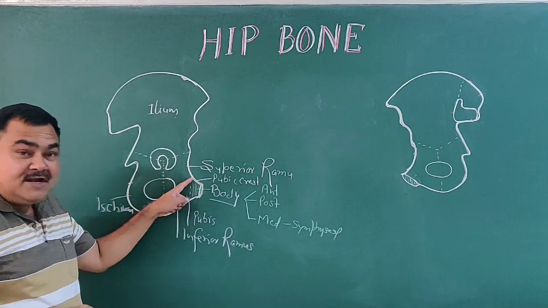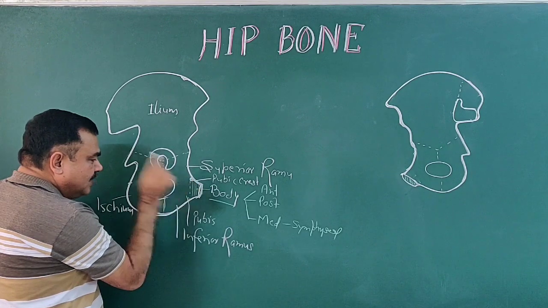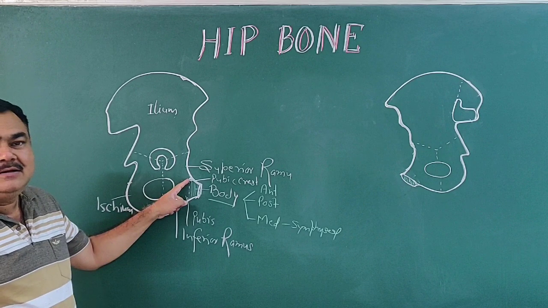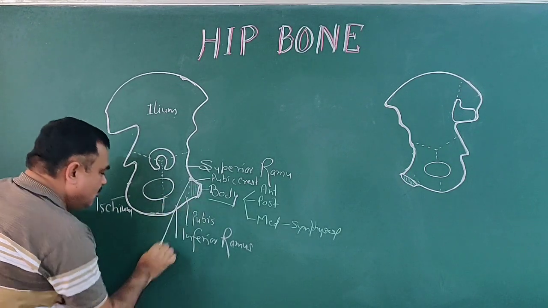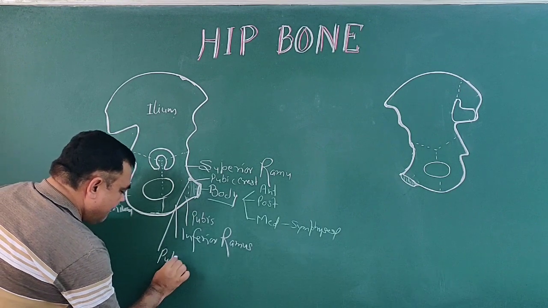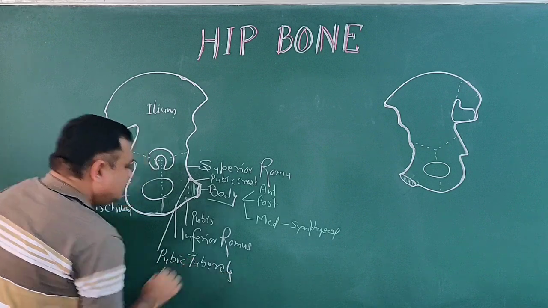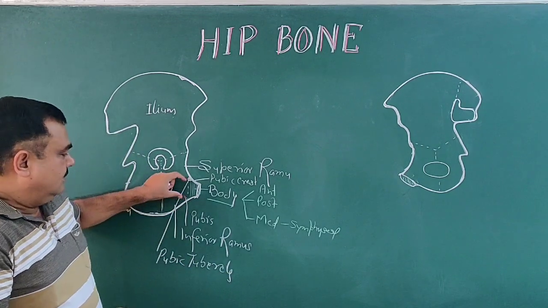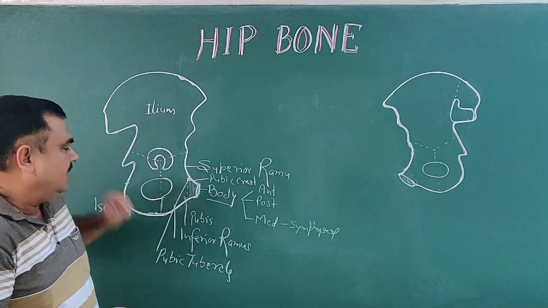At the lateral end of the superior border there is a tubercle. This is known as the pubic tubercle. So this is about the body.